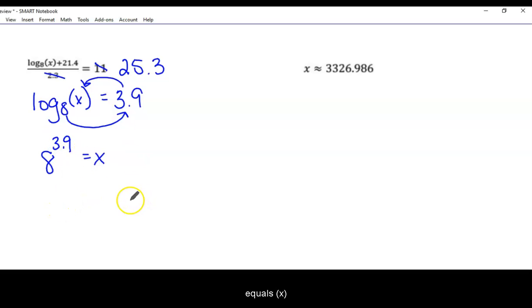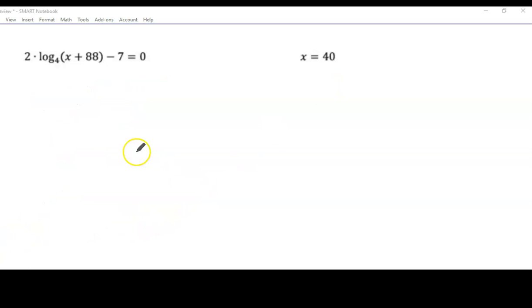So when you raise 8 to the 3.9 power, and my answers match.